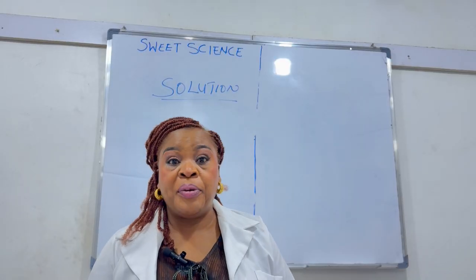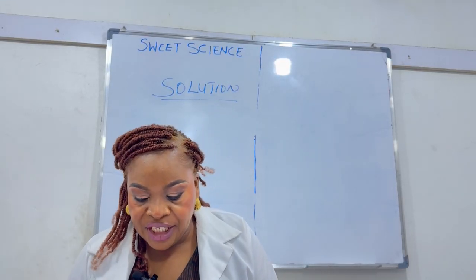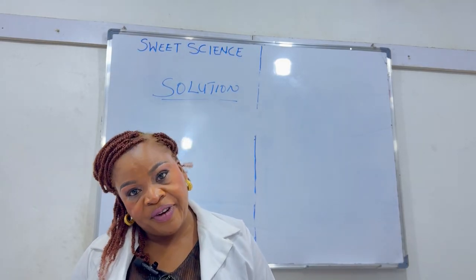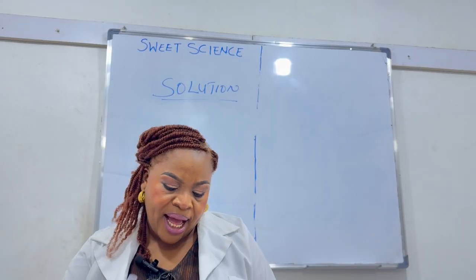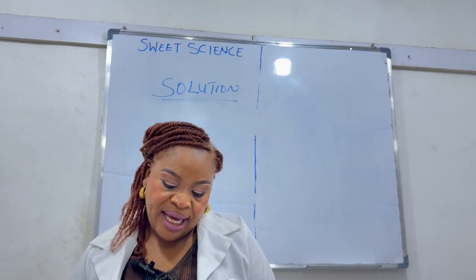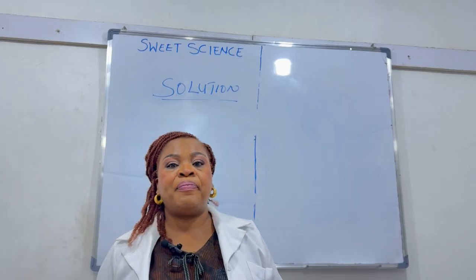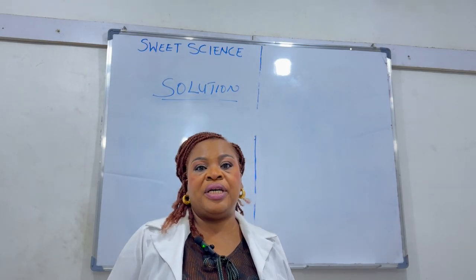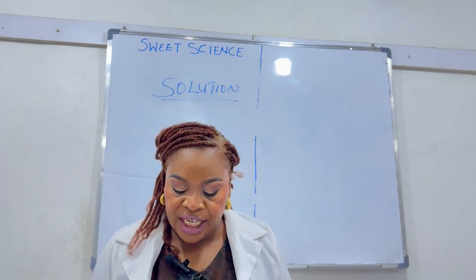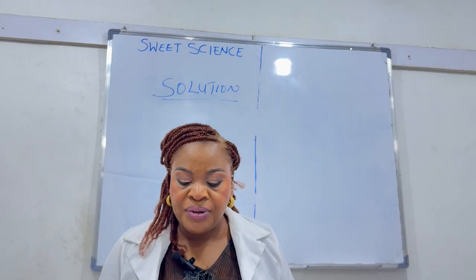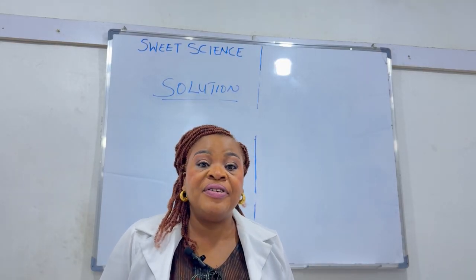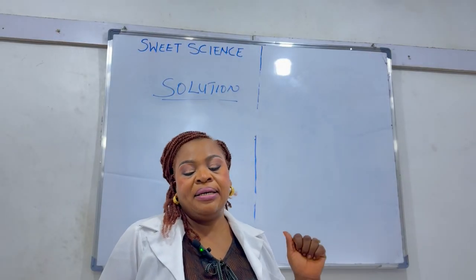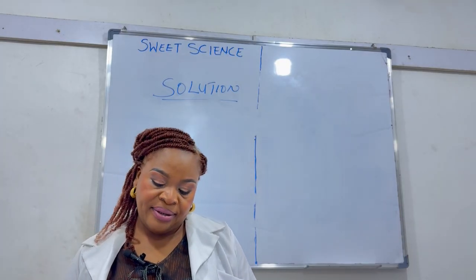Now the next question is from WAEC 2000. A machine of efficiency 80% is used to raise a body of mass 75 kilogram through a vertical height of 3 meters in 30 seconds.